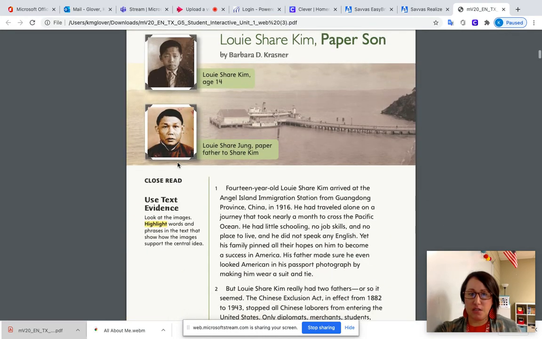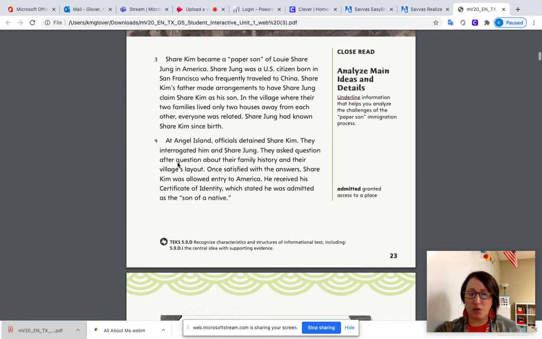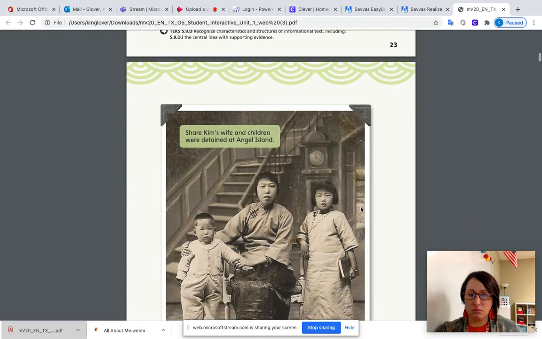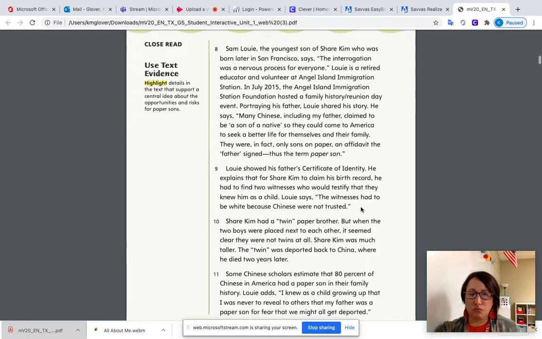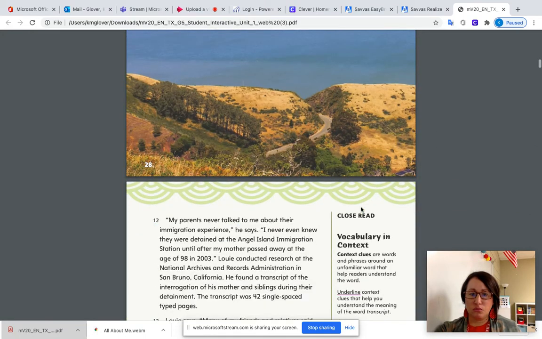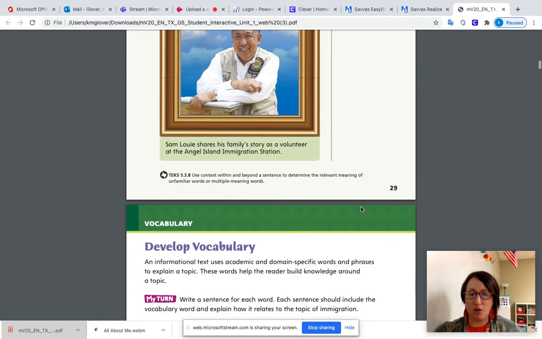And then it moves into the second story. Okay, let's keep going through our sidebars. Here's admitted, granted access to a place. Is there another one? Okay, so we have previewed all of our vocabulary. That's one of the first things we needed to do.